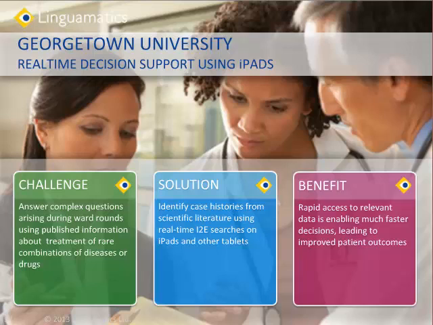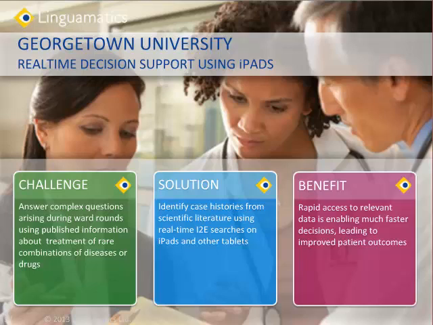And one issue that can often come up is if there is a particularly complex set of diseases that a patient is exhibiting, and the clinician is very interested in finding out if there are clinical case histories available in the public domain in scientific literature that match the patient that they're seeing, so that they can look at clinical risk factors, they can look at potential outcomes and treatment options, and it's really providing a real-time capability to support this decision-making process.